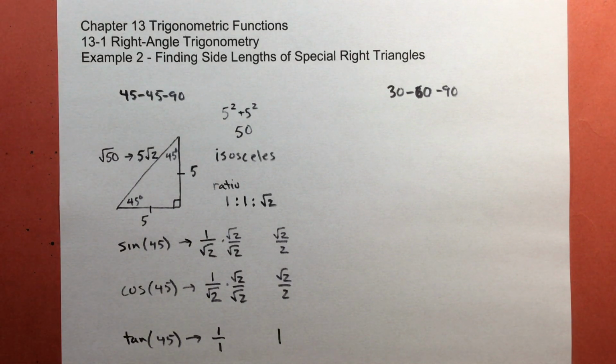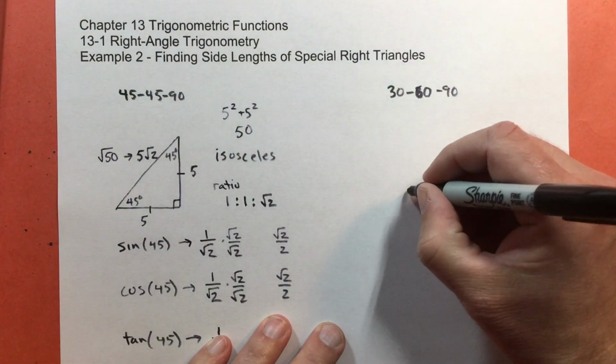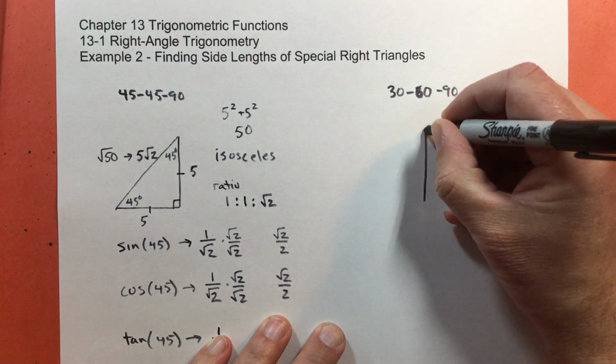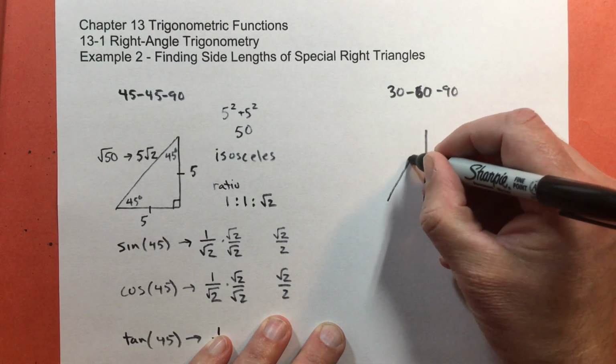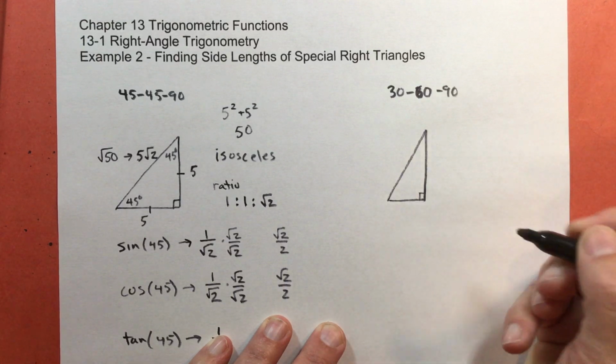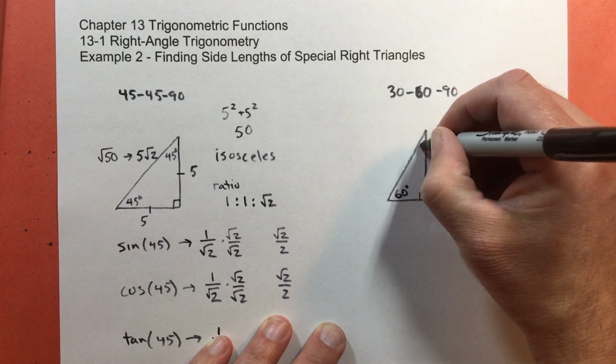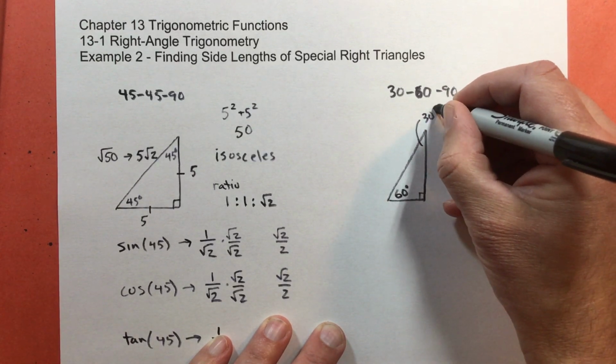Now let's talk about the 30, 60, 90. 30, 60, 90, my big version looks like this, all right? So I'm going to try to draw it this way. So again, here's my 90 degrees. This is my 60 degrees. And I'm going to put this in like here, 30 degrees right here.